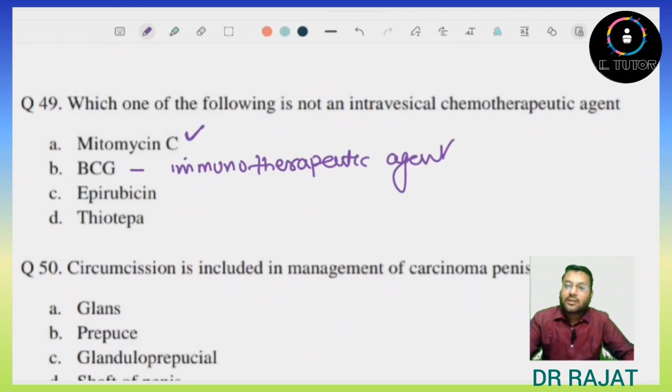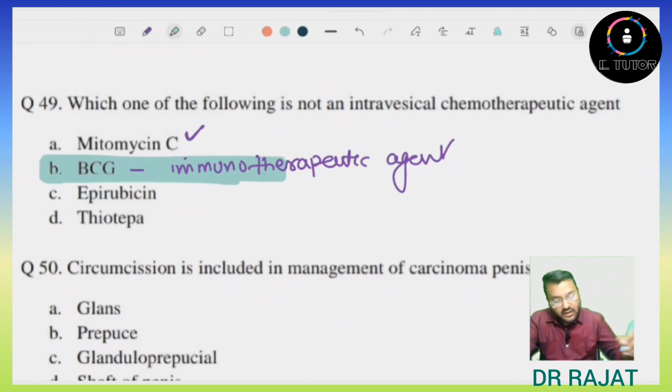And epirubicin is again chemotherapeutic agent and thiotepa is also chemotherapeutic. So from the given option, BCG which is a immunotherapeutic agent is the answer because it is not intravesical chemotherapeutic agent. Though it is used in the bladder cancer, but it is immunotherapeutic agent.